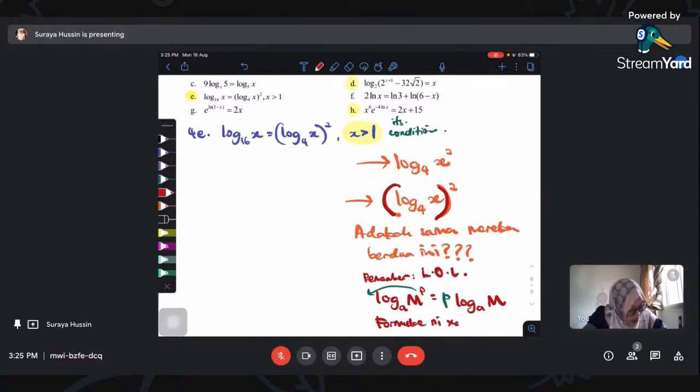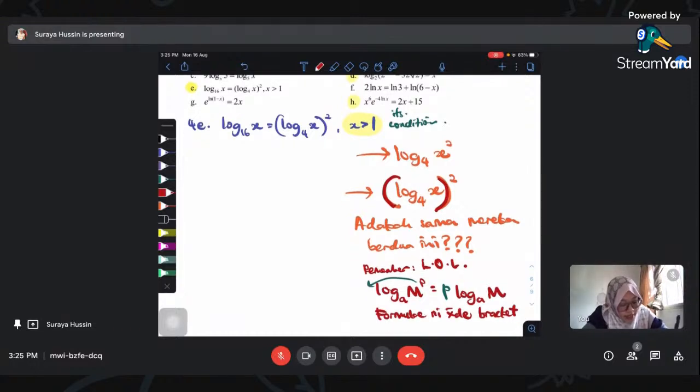Tak ada bracket. So mana yang tak ada bracket means this squared is literally for x tau. This squared is hanya untuk x sahaja. Sebab tu dia boleh bawa turun. Dia tak ada bracket and therefore you can bring the p down. Okay, and therefore you can apply the log.